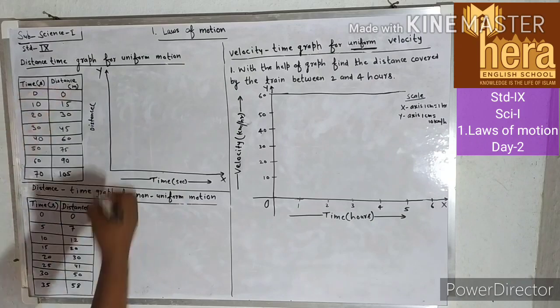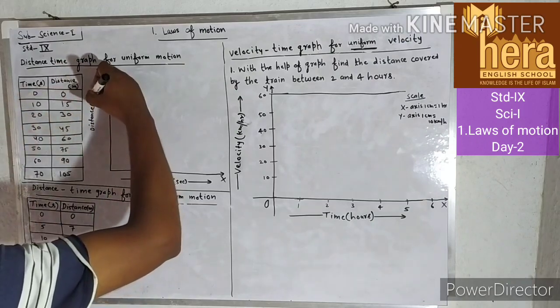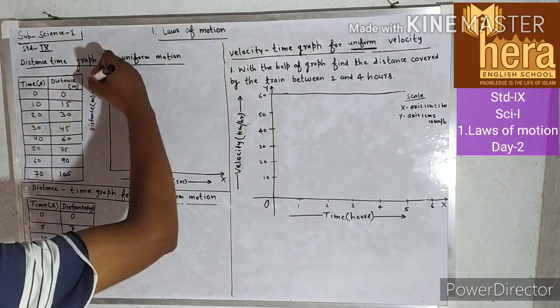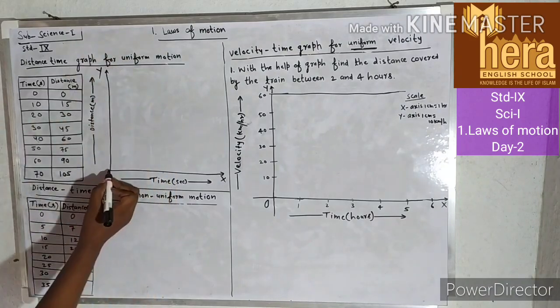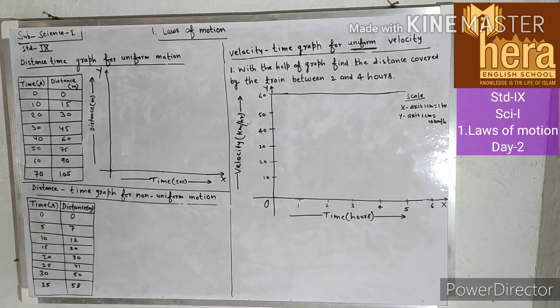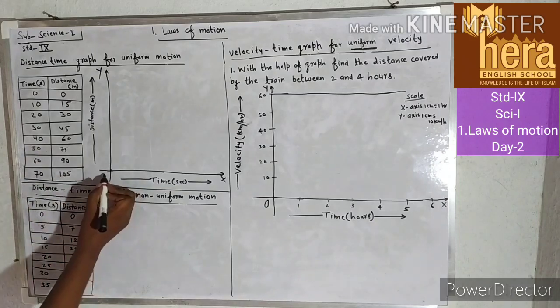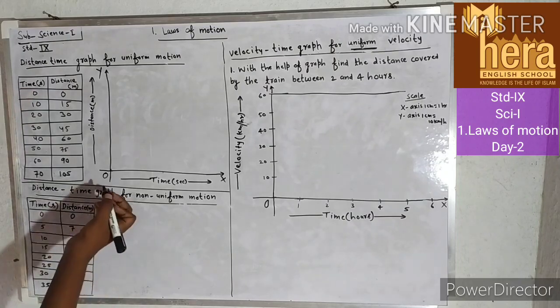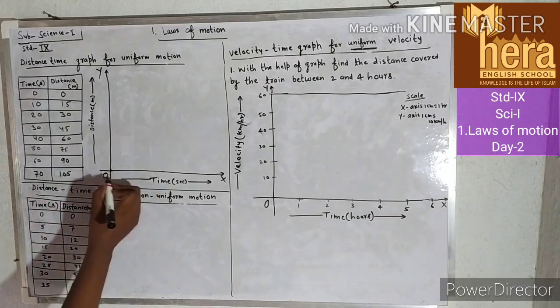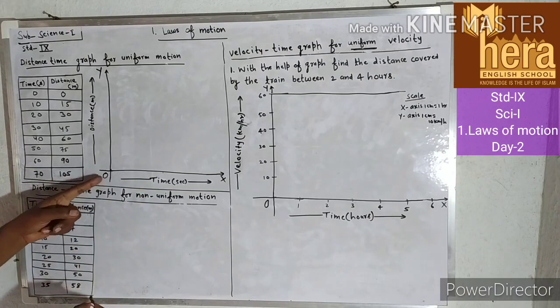Distance is in meter. So in bracket, we have to write m, meter. This will be the origin, t is equal to 0 second, origin 0.